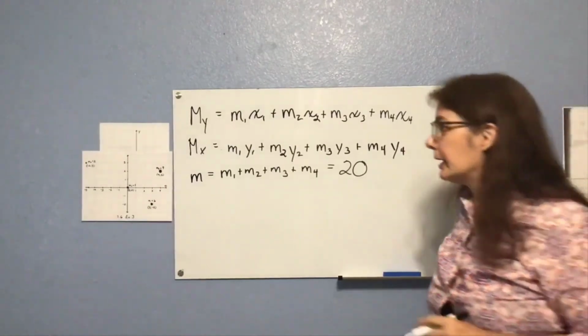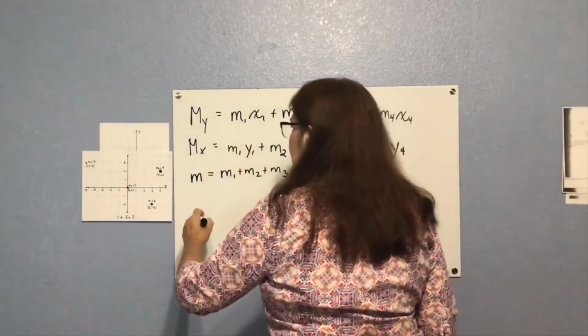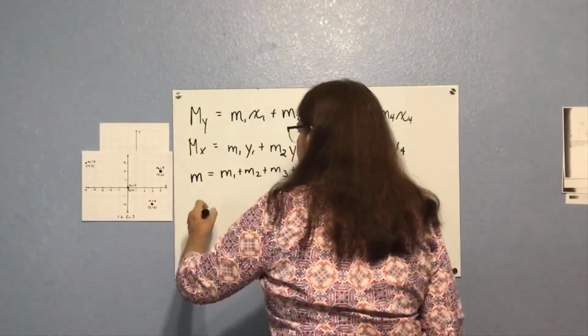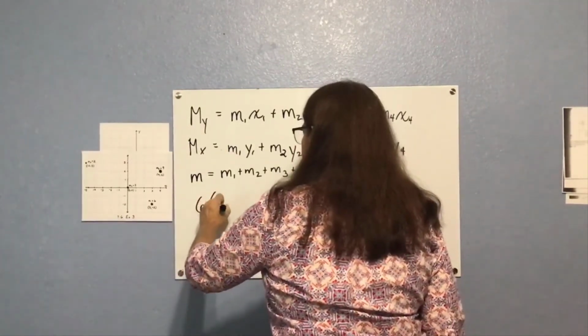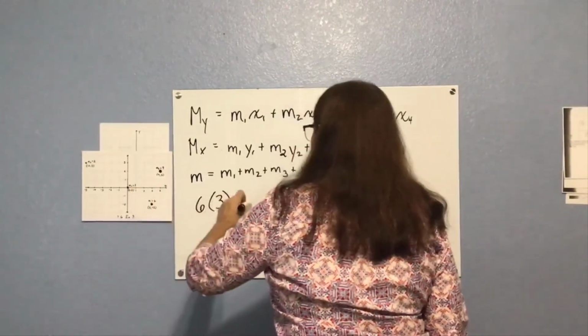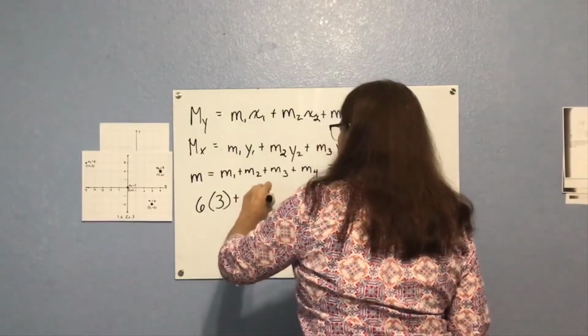And let's look now at My and Mx. For My, the mass of this point is 6 times its x-coordinate of 3. And then going to M2, we've got 3 times 0.